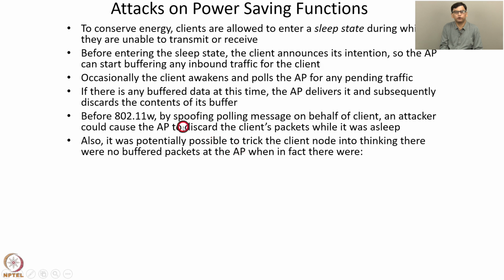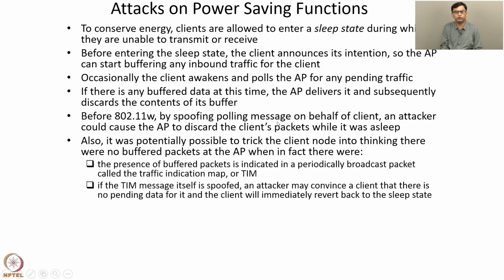Another attack was, it was potentially possible to trick the client node into thinking that there were no buffered packets at the access point, when in fact there were. In particular, the presence of buffered packets is indicated in the periodically broadcast packet called the traffic indication map, or TIM.